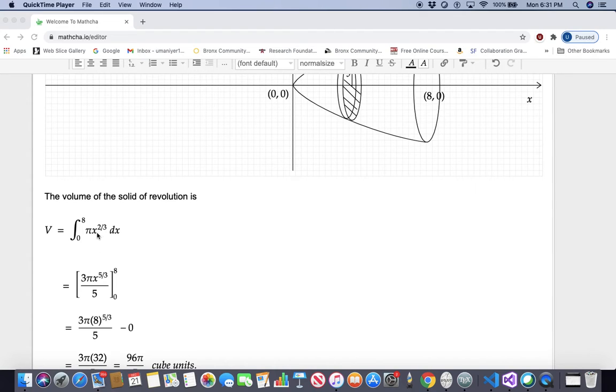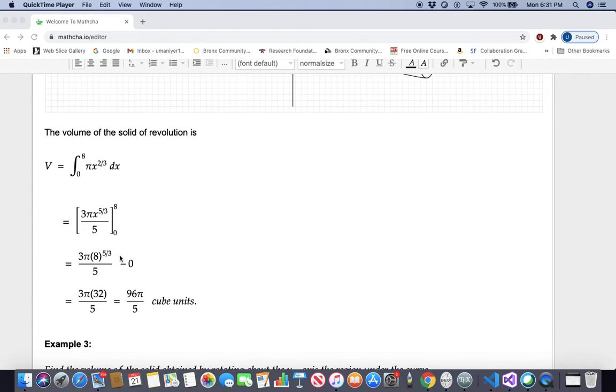The integration of this is pi x to the 2/3 plus 1, that is 5/3, divided by 5/3. The limits of integration are 0 to 8. I just need to substitute 8, because substituting 0 gets me 0.